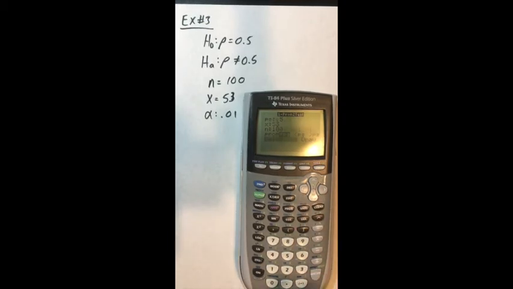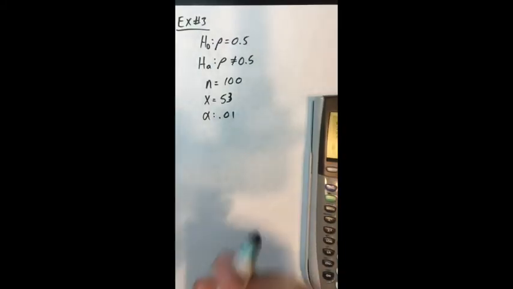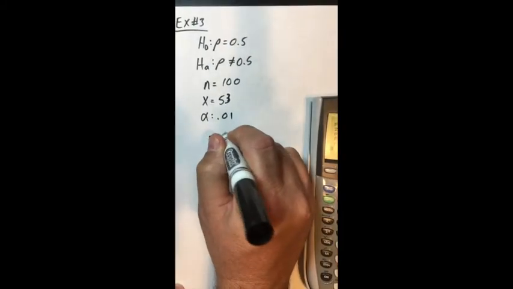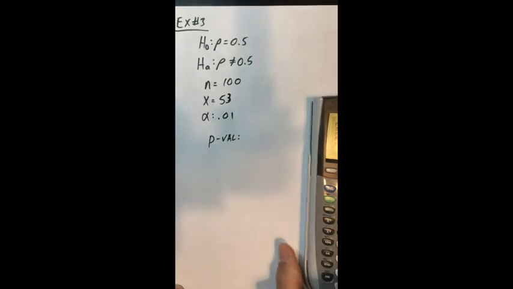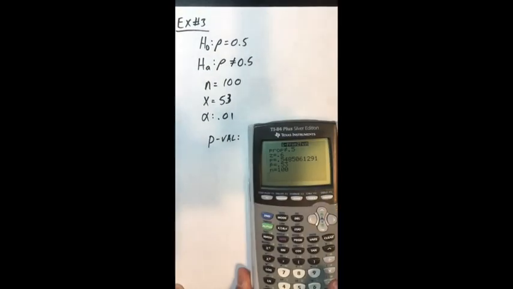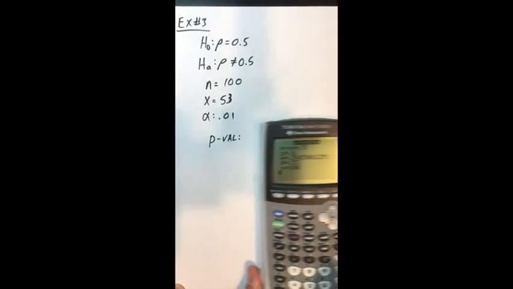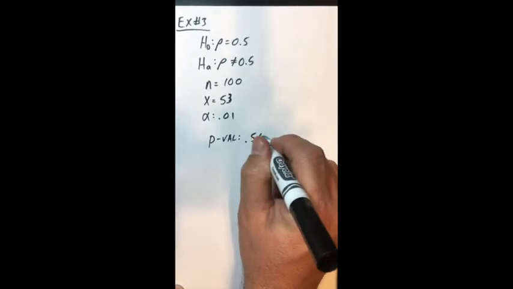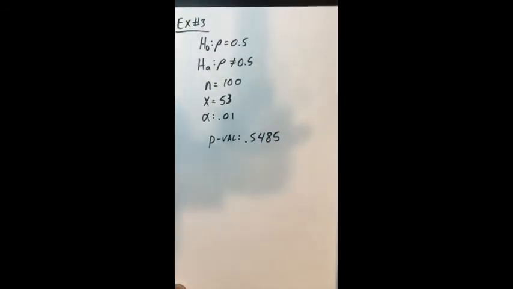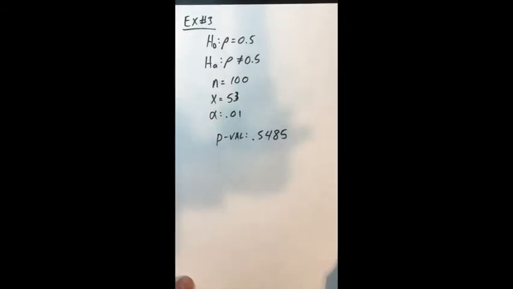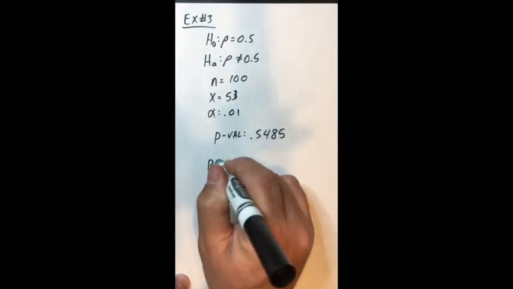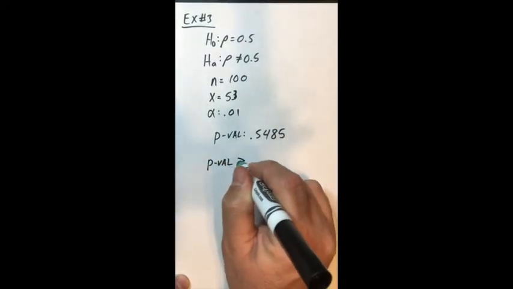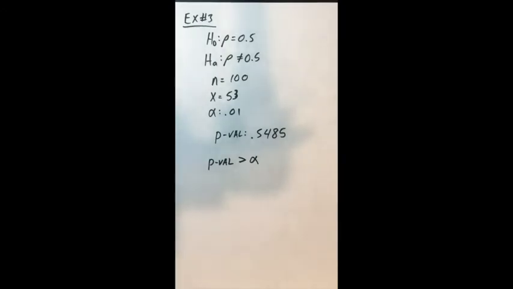So now we're going to calculate, and we see that we have a p-value of 0.5485. All right, so this time we see that the p-value is actually significantly greater than alpha.